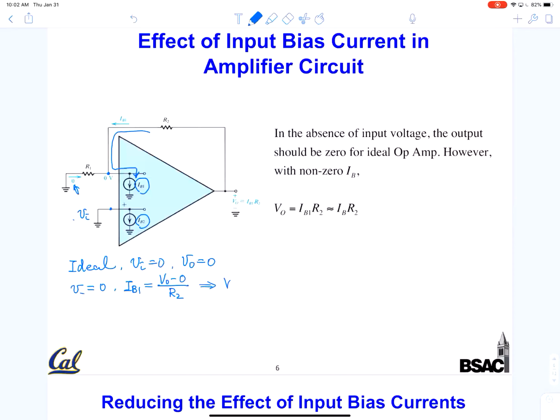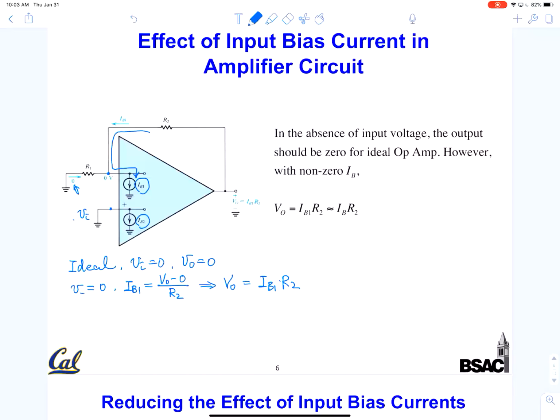This means the DC offset of the voltage is IB1 times R2. And this could be significant, even though these currents are small. R2 could be large, to the point that it is observable.